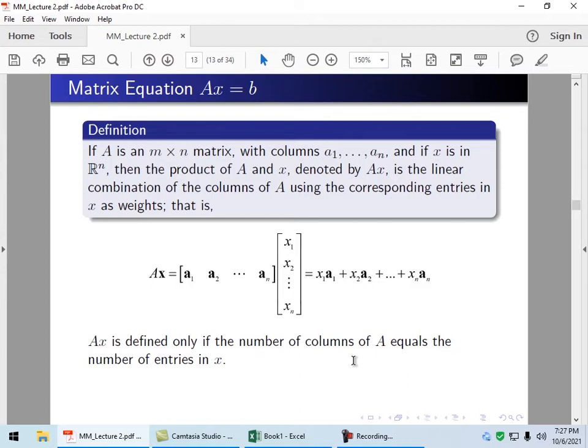First of all, A is an m times n matrix with columns a1 to an, out of Rn. Then the product Ax is a linear combination of the columns with the corresponding entries as weights.